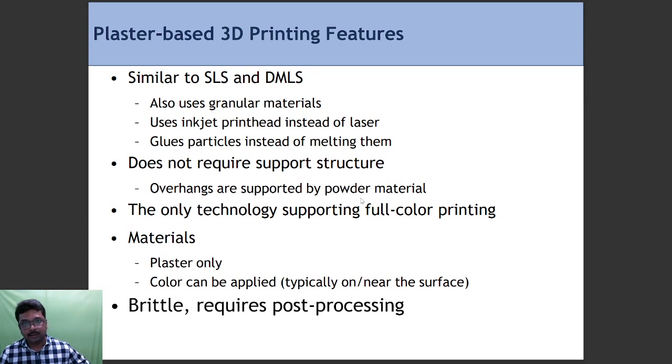As I said earlier, the melting point of materials is high, so the temperature required also varies by material. Different materials have different melting points. So based on the melting points, we need to supply the laser power, which helps to bind the materials together.